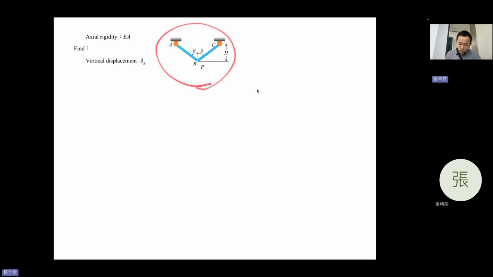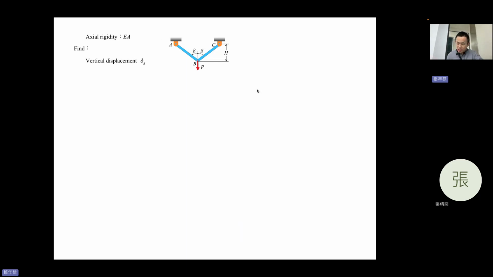Okay, this question is that there are two materials, connected at point B, with the load P in the downward direction.